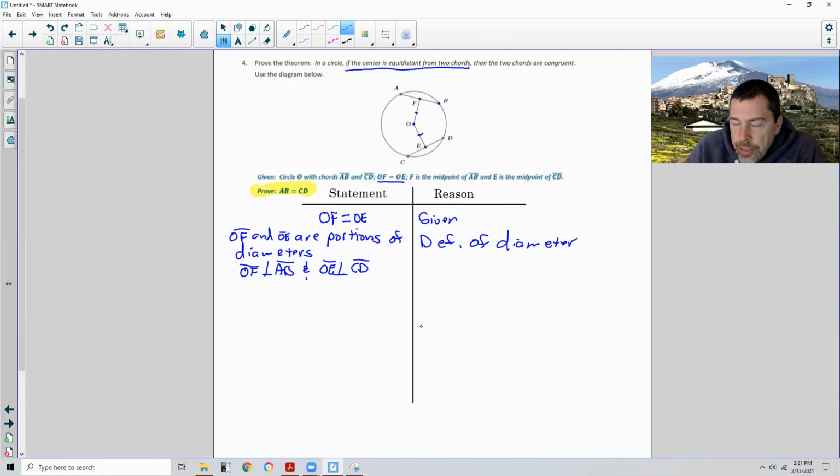Okay, so if the diameter, what am I writing? Whoops, thought I hit the eraser, missed.